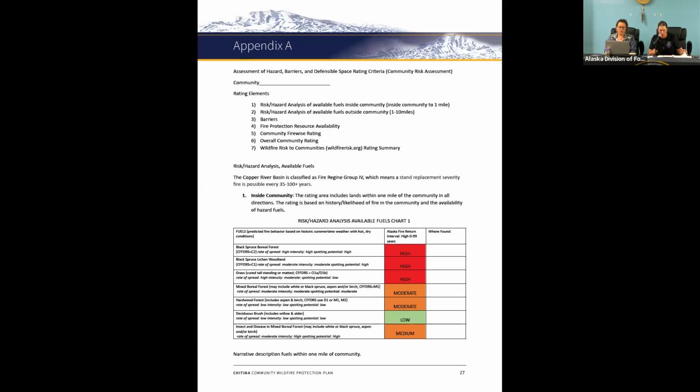The rating criteria involves the vegetative fuels and their potential fire danger or flammability, which is also reflected in the map when the prime fire conditions are present. I'm referencing chart 1 basically, and these are the same fuel models that we use in predicting fire behavior for planning in wildland fire.